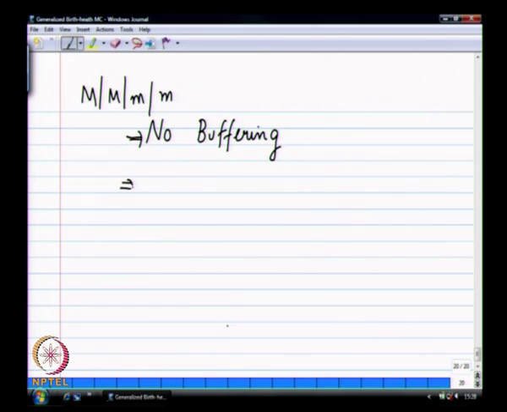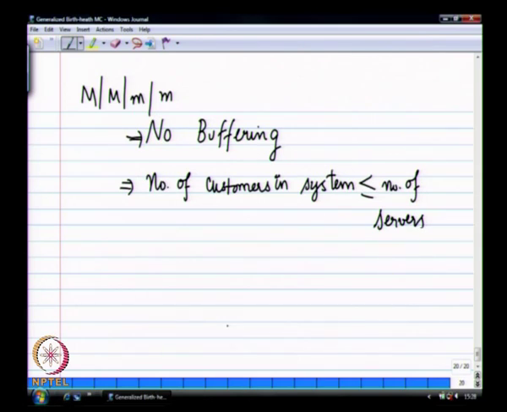So the maximum number of customers in the system is less than or equal to the number of servers. So m is the last parameter, by the way, the maximum number of customers in the system. Population size we will go and figure out.